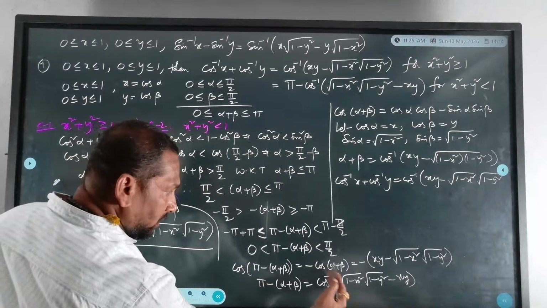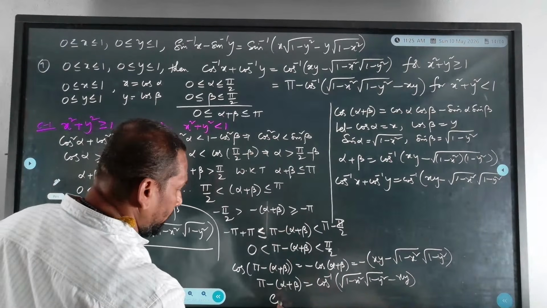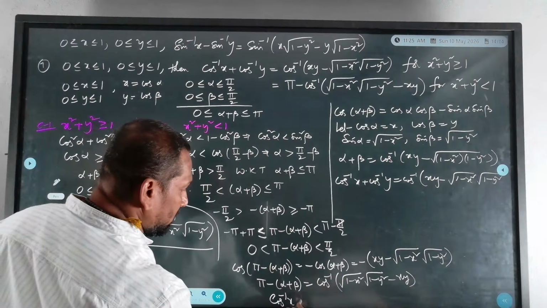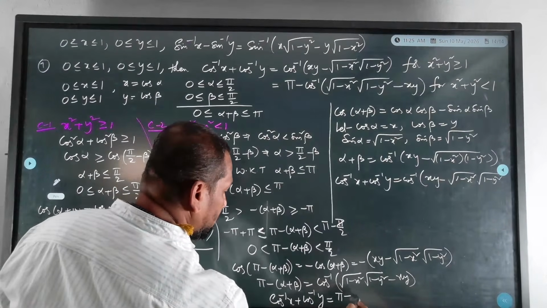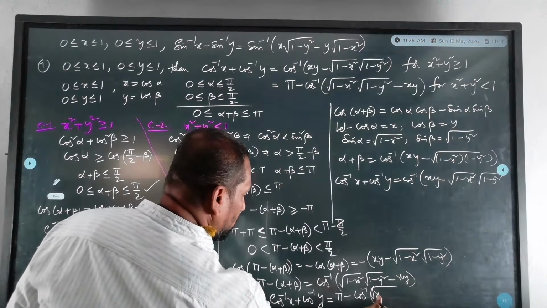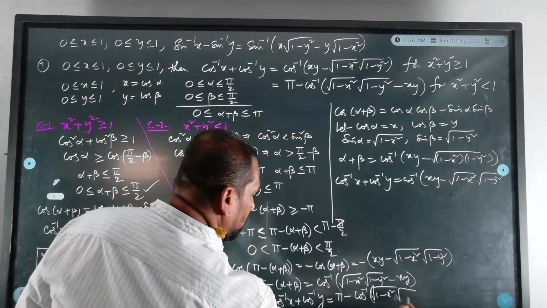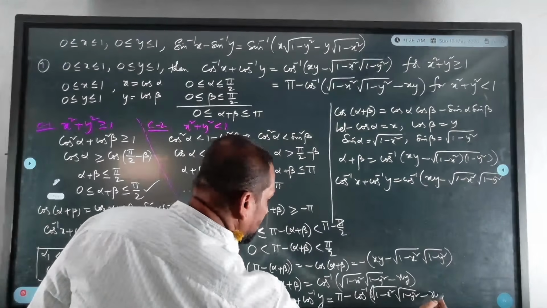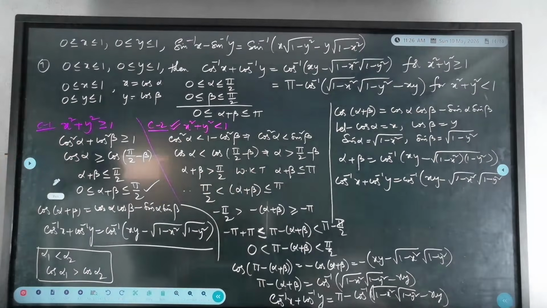So this part goes to the LHS and minus of alpha plus beta to the RHS. Then cos inverse x plus cos inverse y is equal to pi minus cos inverse of root 1 minus x square root 1 minus y square minus xy, in the case of x square plus y square less than 1. That is true.